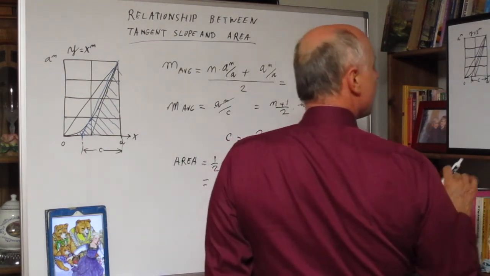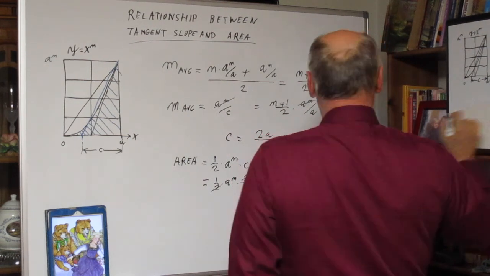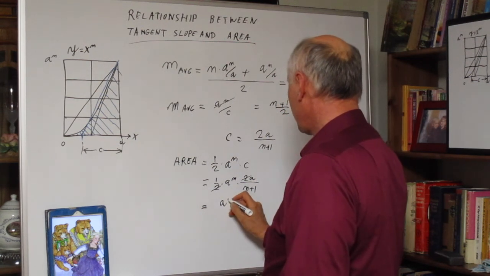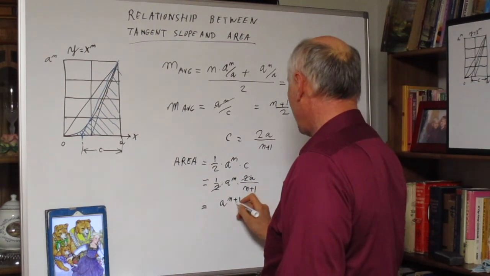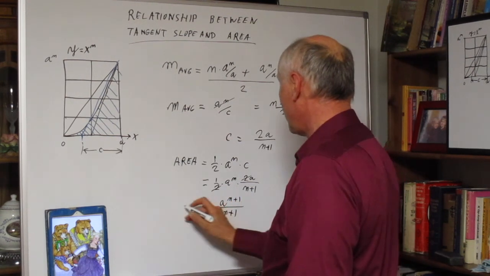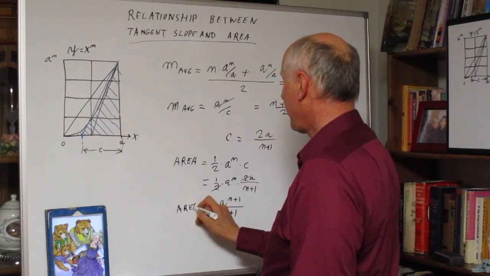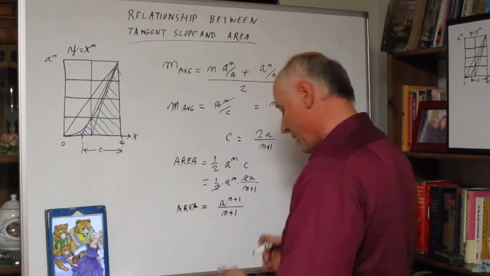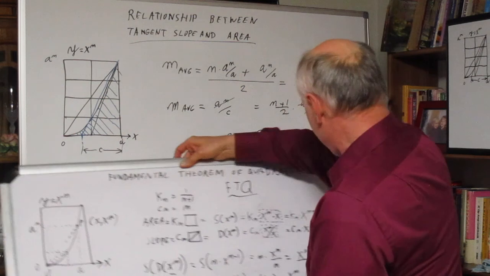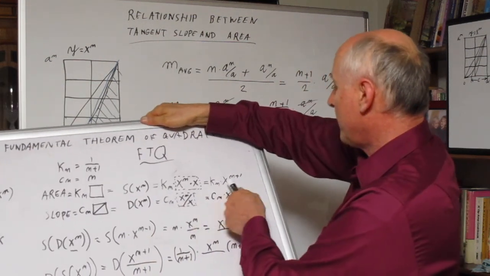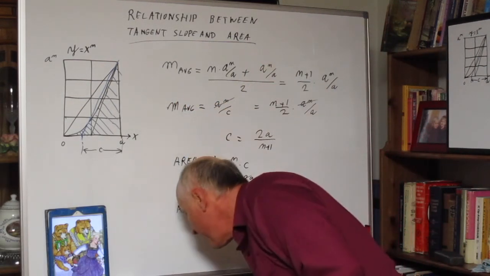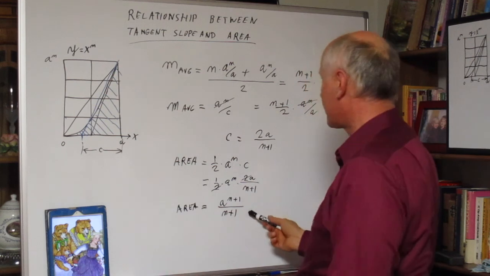And what do we get? We get area equals a to the n plus 1 over n plus 1. And guess what? That's exactly what we found out over here, k sub n times x to the n plus 1. That's our finding. So it matches.